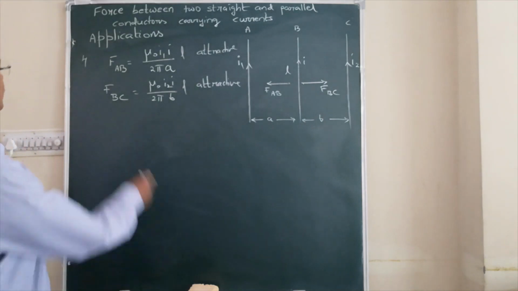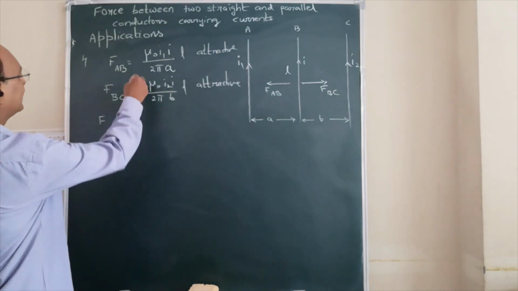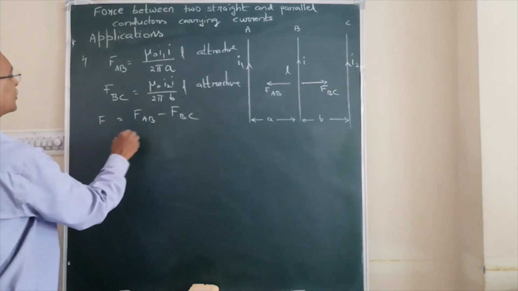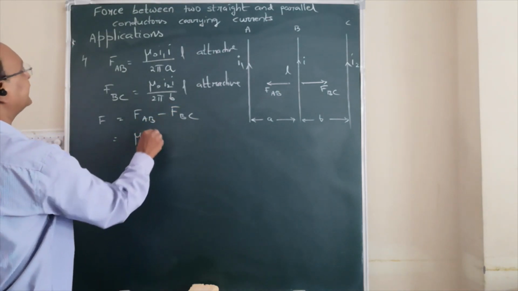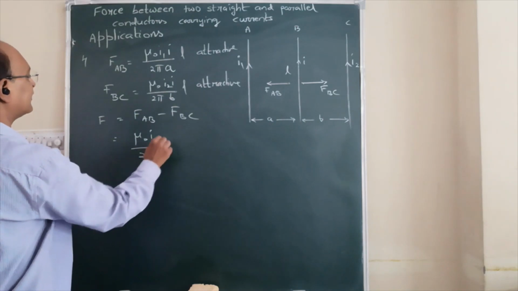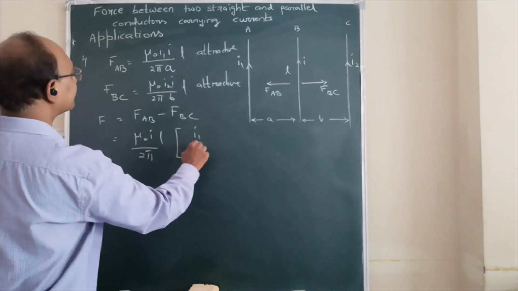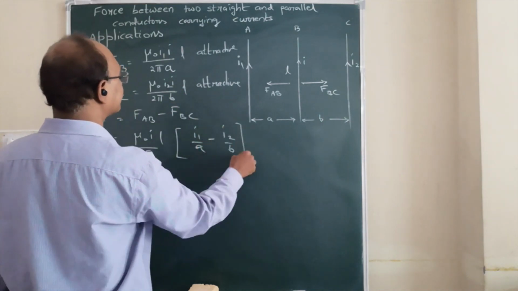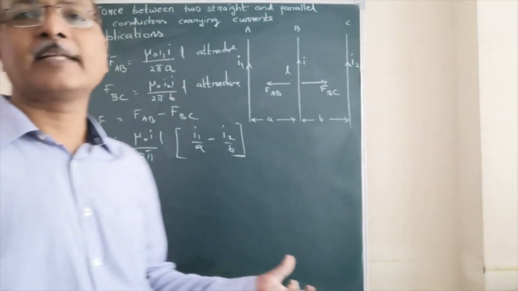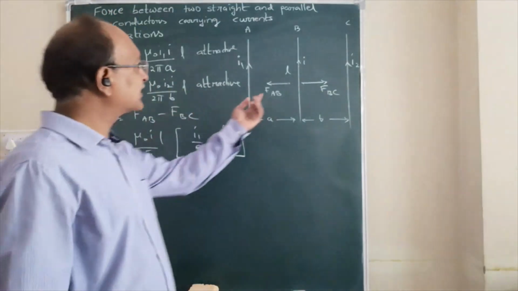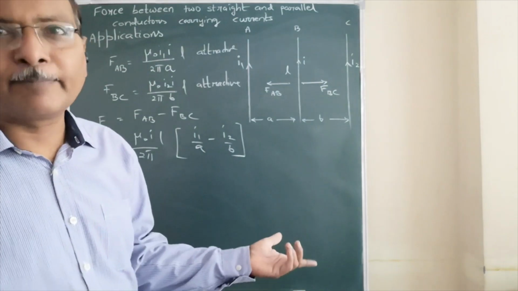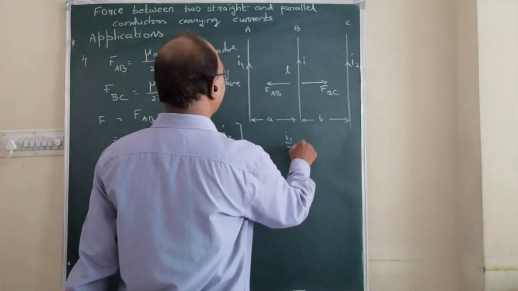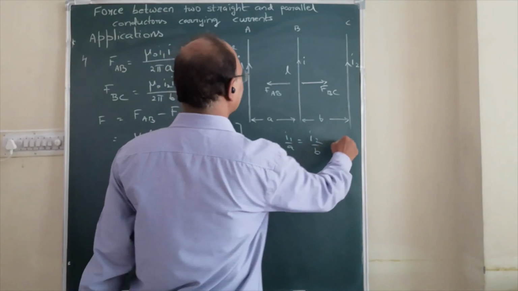So the net force will be FAB minus FBC, which is mu naught I L by 2 pi, I1 by A minus I2 by B. So that is the resultant force. In case the conductor is to be in equilibrium, the net force is 0. Then you can take I1 by A equal to I2 by B, so F will be 0.